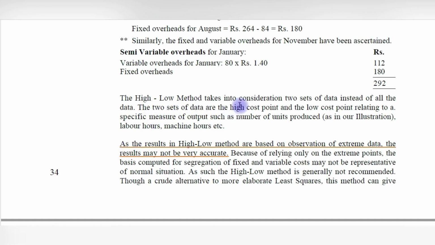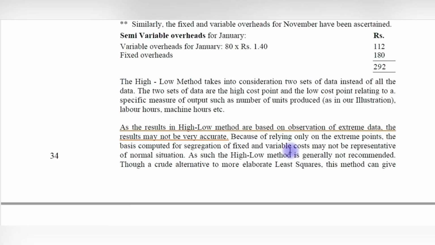The High-Low method takes into consideration 2 sets of data instead of all the data. The 2 sets of data are the high cost point, in this example November, and the low cost point, August, relating to a specific measure of output. As the results in the High-Low method are based on observation of extreme data, the results may not be very accurate.